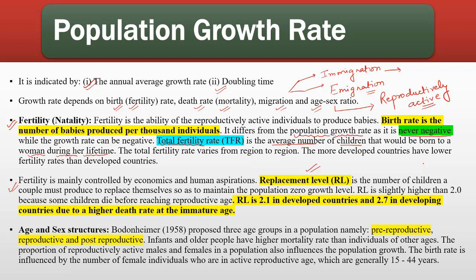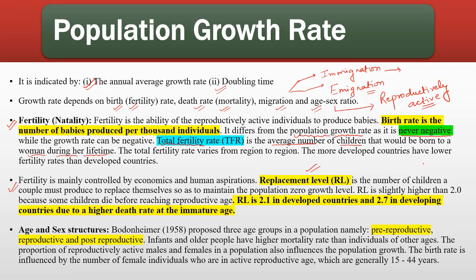And it is 2.7 in developing countries due to higher death rate at the immature age. So replacement level is 2.1 in developed countries and 2.7 in developing countries due to higher death rate at immature age.